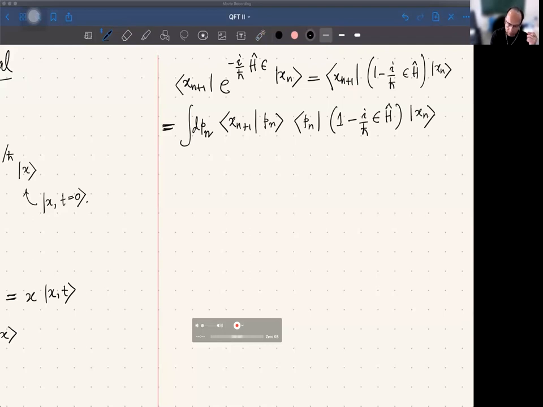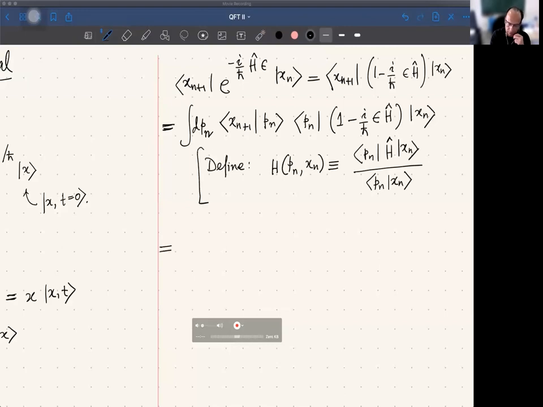Now define a classical function H(p_n, x_n) to be p_n H hat x_n divided by p_n x_n.